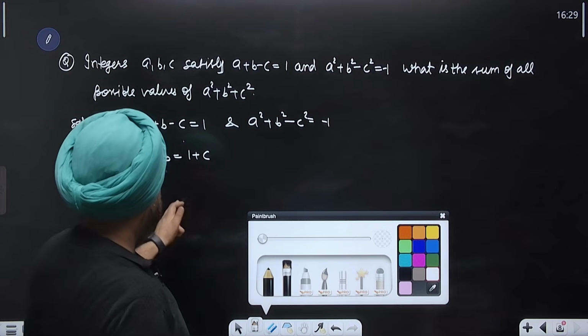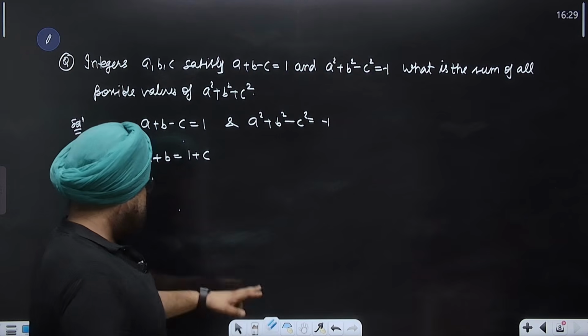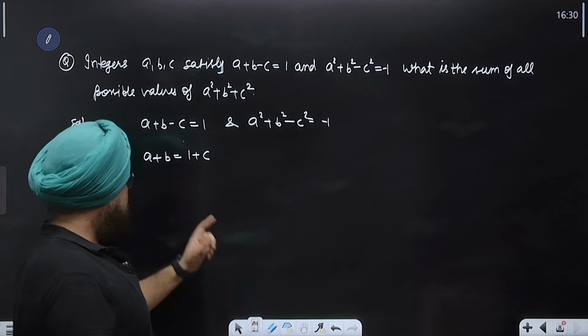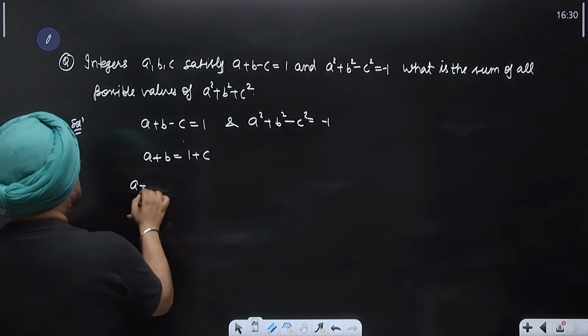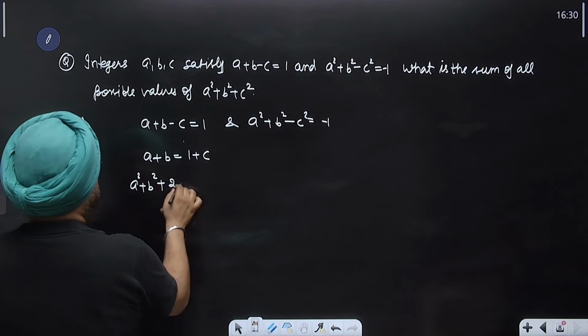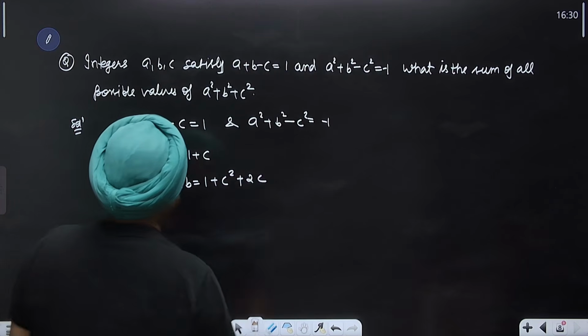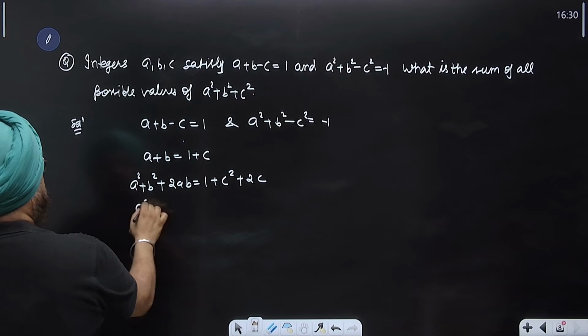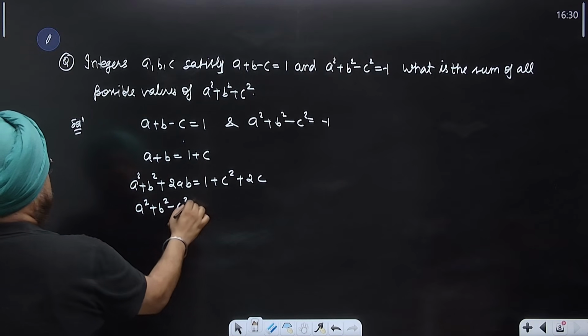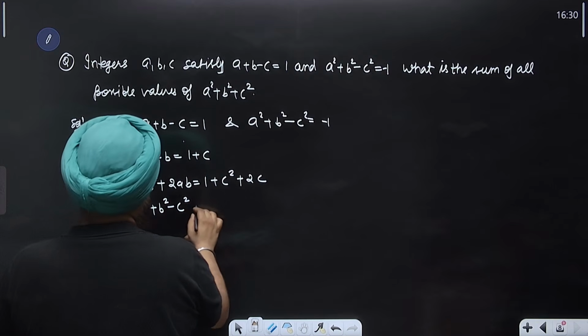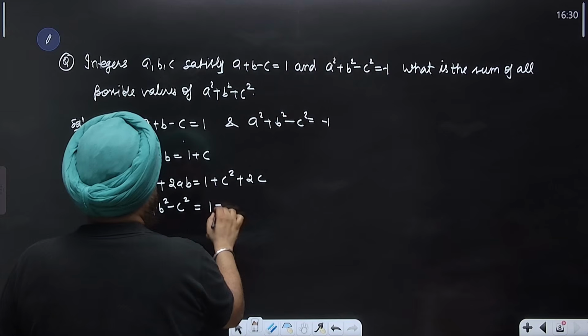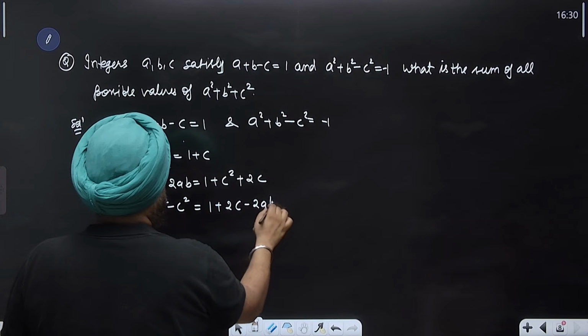So what we will do, we will take C there, and now we'll square this equation. A square plus B square plus 2AB is equal to 1 plus C square plus 2C. Now A square plus B square minus C square will be equal to 1 plus 2C minus 2AB.